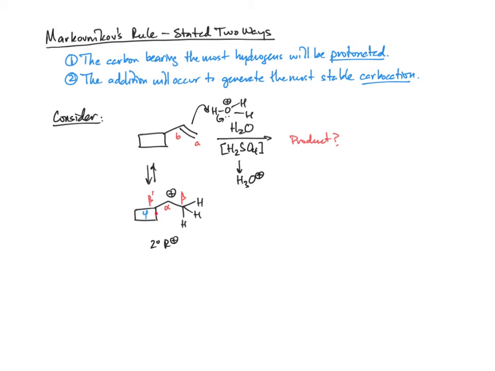The alternative choice is if we have a carbon-carbon bond migrate over to expand the ring to a 5-membered ring.